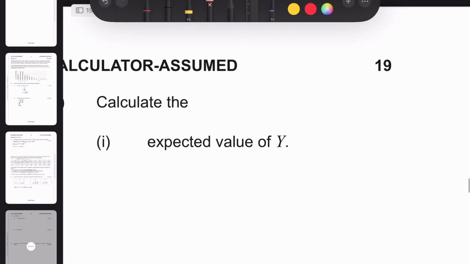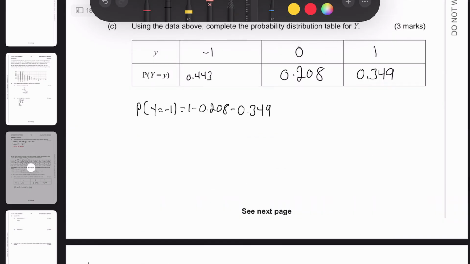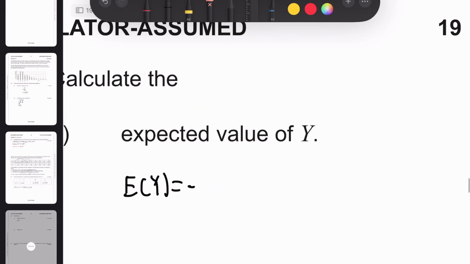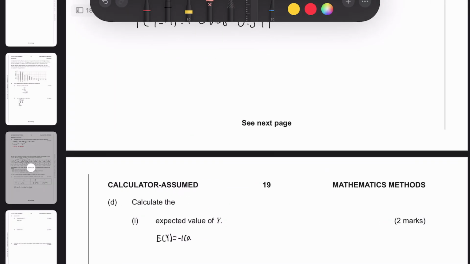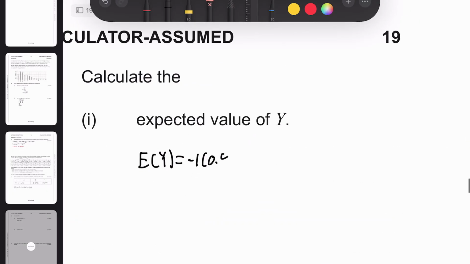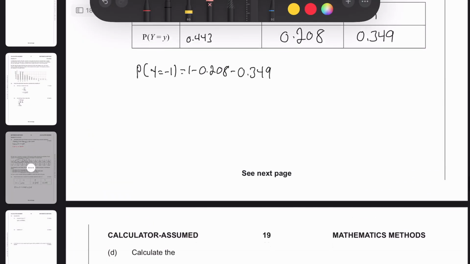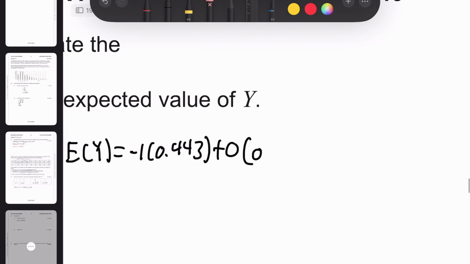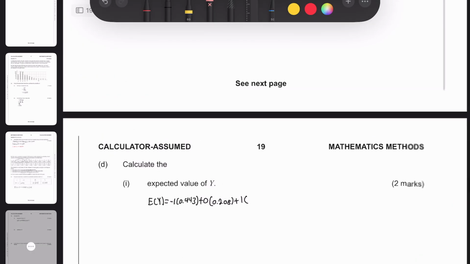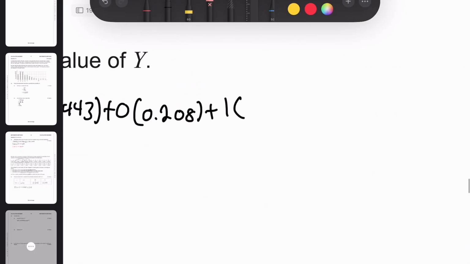Okay, expected value of Y. We have to multiply all of these together, so negative 0.443 was it? Plus 0 times 0.208 plus 1 times 0.349.